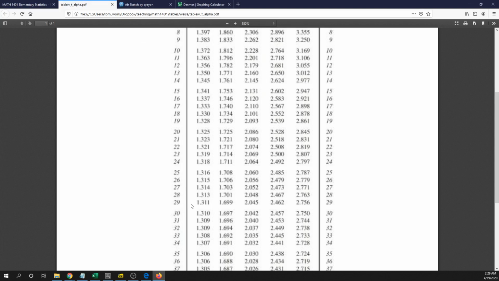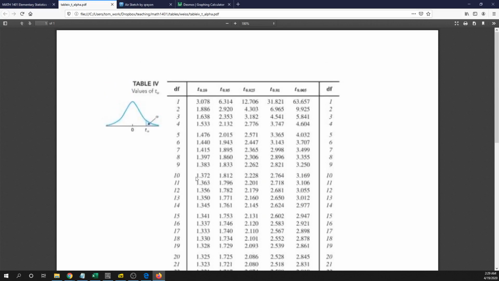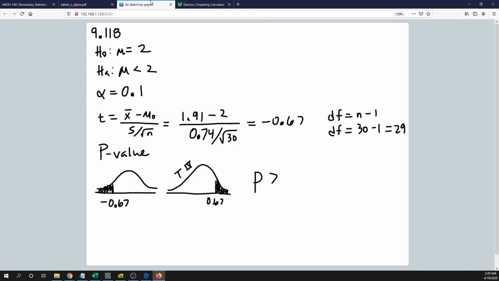We can see that the first number right here is 1.33, so 0.67 would be over here to the left of this first column. If I go up and look, that says that our p-value is bigger than 0.1.